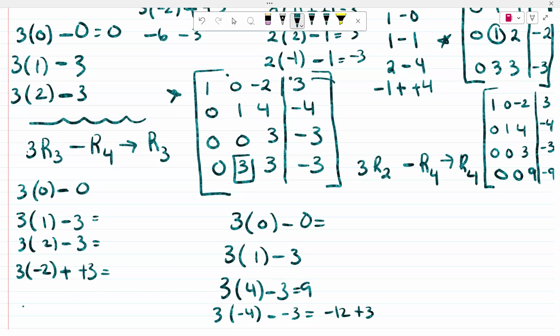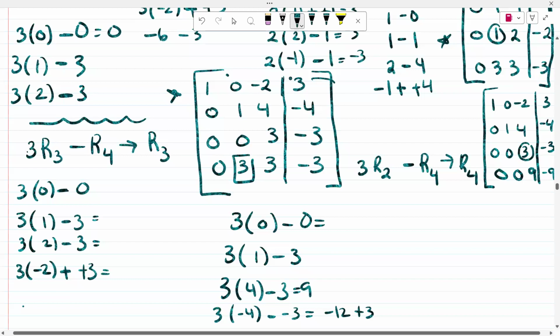So what would I do next? So I have this. On this column, everything above the 1 and below the 1 is 0. Over here, this 3 has to be a 1, but I could do that at the very end, right? So what I have to do is make everything above this 3 and below the 3 a 0. So what should I do first? Maybe I'll make this 4 into a 0. So how do I do that?